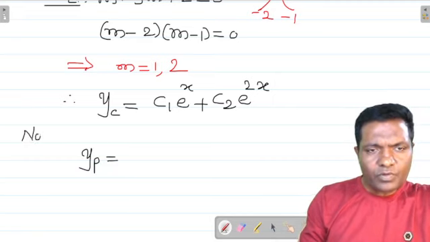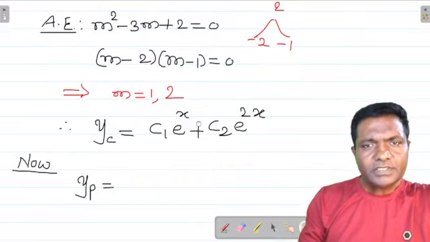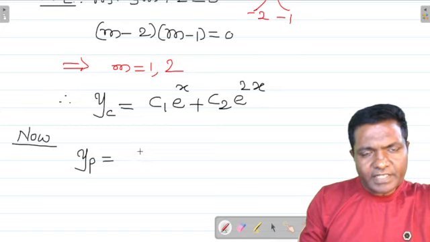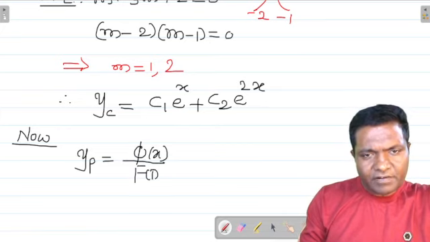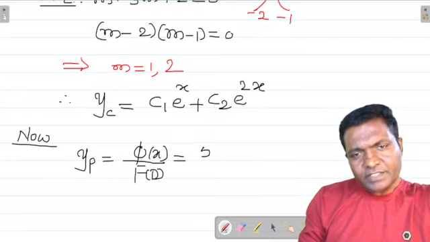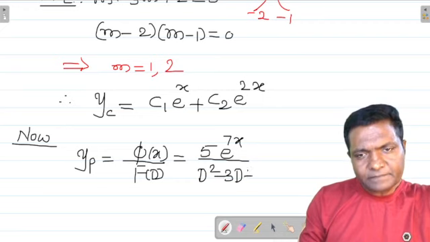Your yp is based on the right hand side function, which is 5 e power 7x. So yp can be written in this form: phi of x by f of D, that is 5 e power 7x divided by f of D, which is D square minus 3D plus 2.